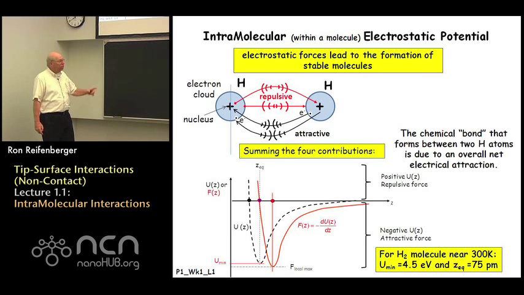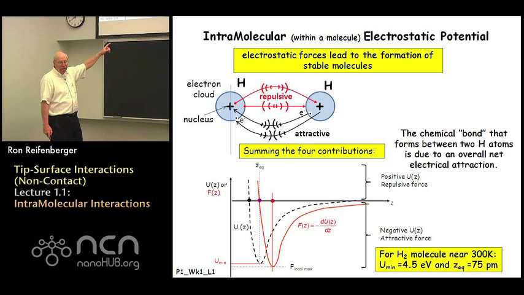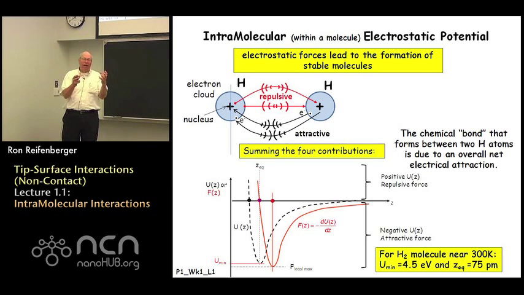And as you can see, there is a well-defined minimum. That well-defined minimum is at about minus 4.5 electron volts, and it occurs when the two hydrogen atoms are about 75 picometers apart. So that defines the equilibrium separation between the two hydrogen atoms, and that leads to this stable hydrogen molecule.